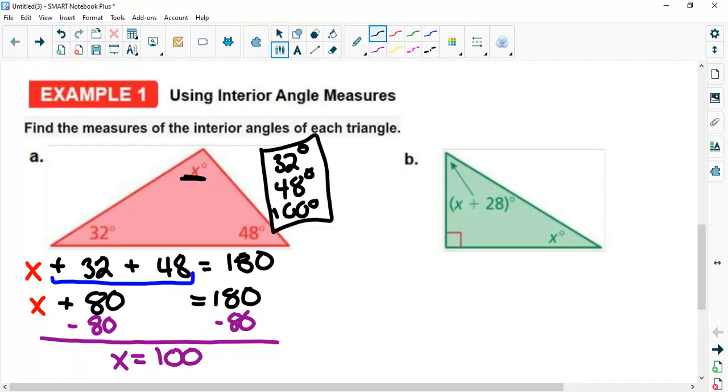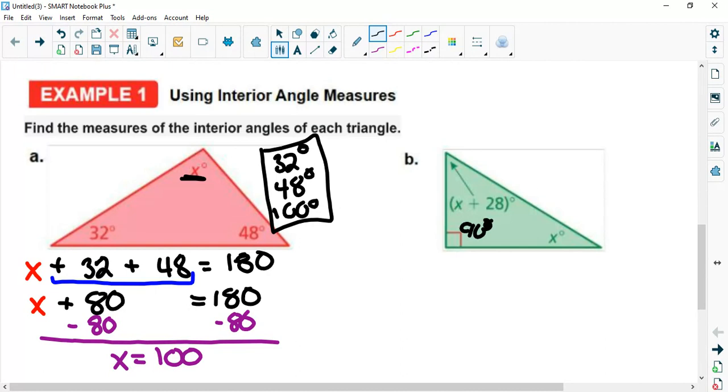For B, I see our three angles. One of them is x, one of them says x plus 28, and the other has a right angle. This box means 90 degrees.